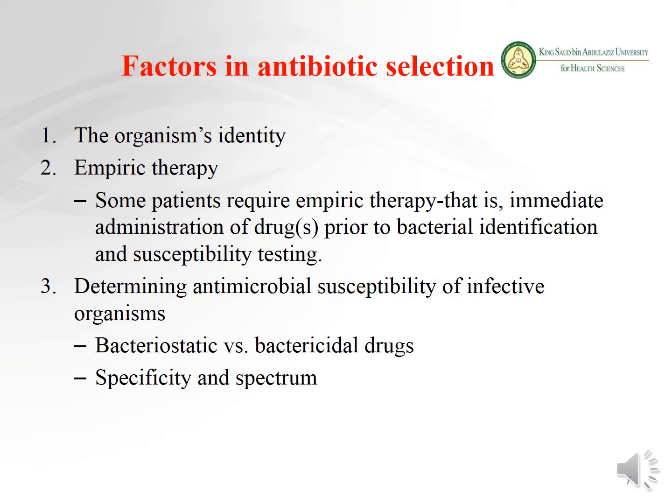These are the factors which determine antibiotic selection, like the organism identity, meaning which type of bacteria is causing the infection. Based on the identification of the bacteria, the proper antibiotic has to be prescribed. Sometimes physicians start empirical therapy, in which the antibiotics are administered immediately, prior to bacterial identification and susceptibility testing.